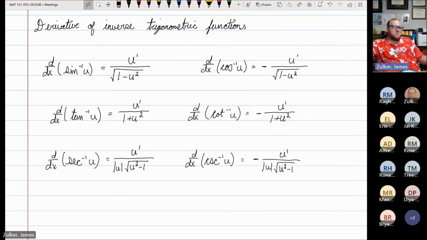All right, so the last few problems are going to be problems involving the inverse trig.